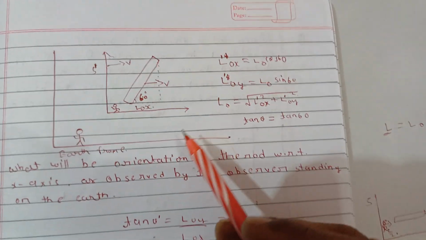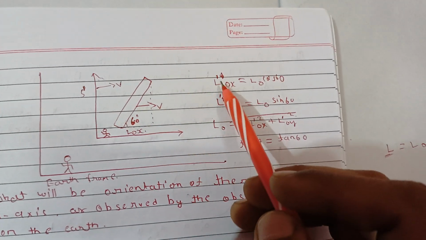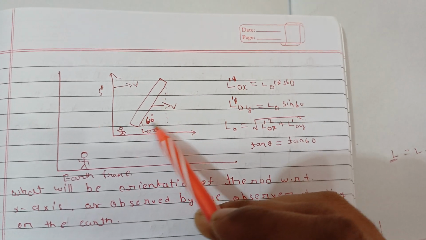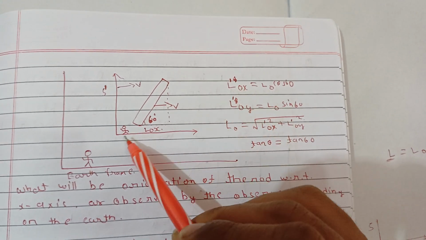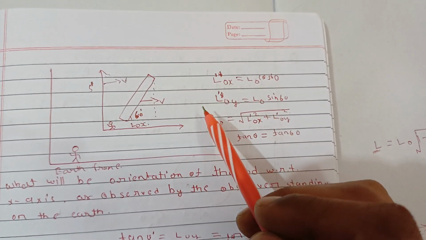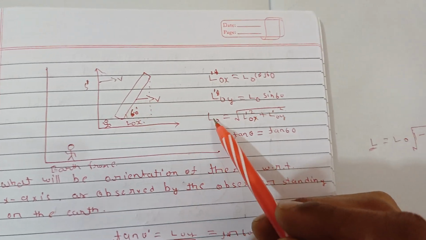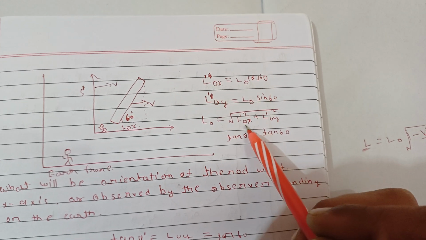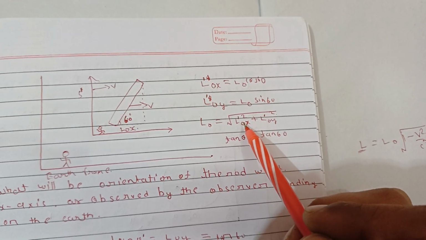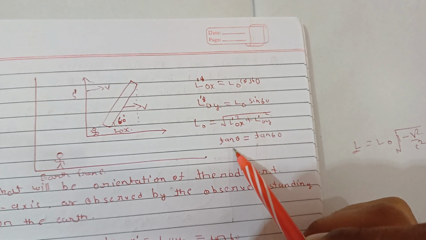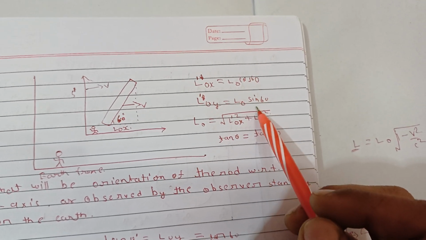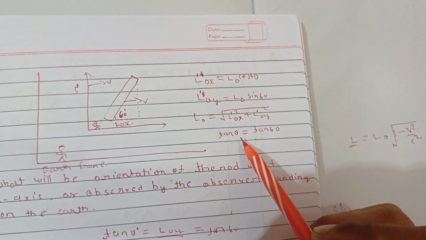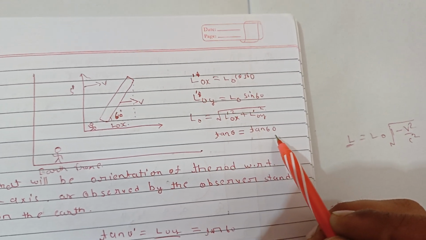Okay, let's see in this frame, if it is L naught, then L naught cos theta will be this x component, L naught sin theta will be this y component, and this overall length is given by L naught equal to the root of the sum of their squares. L naught square will be common, and from here we can say, dividing them, sin 60 by cos 60 gives us tan theta, or we can say tan 60.